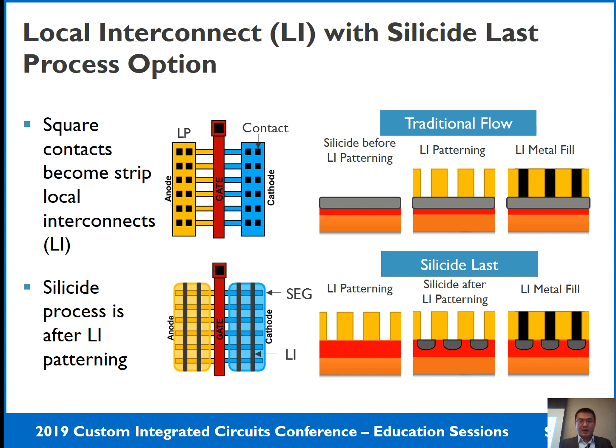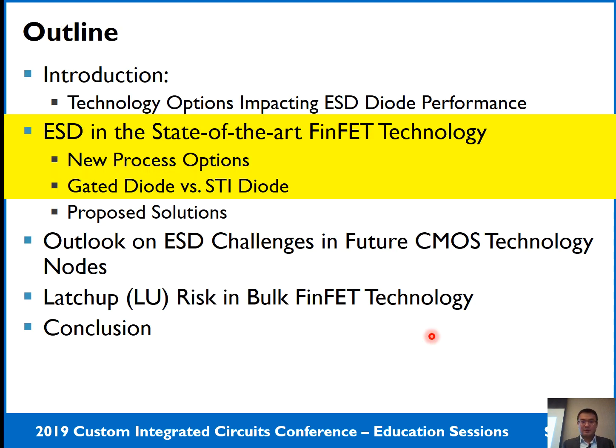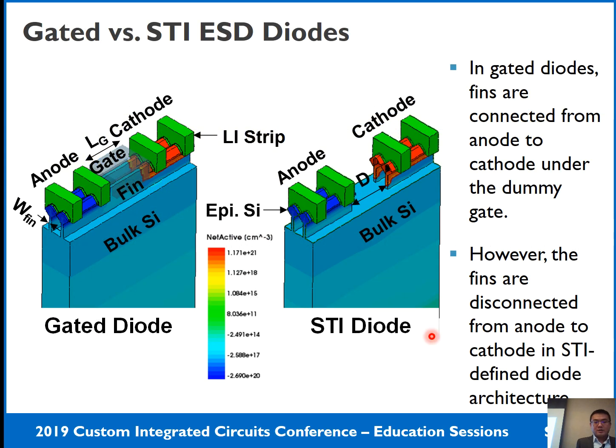Okay, now let's look at the comparison between these two different ESD protection diodes, the gated diode and the STI diode. These two types of ESD protection diode are studied here. The first type is the gated diode.